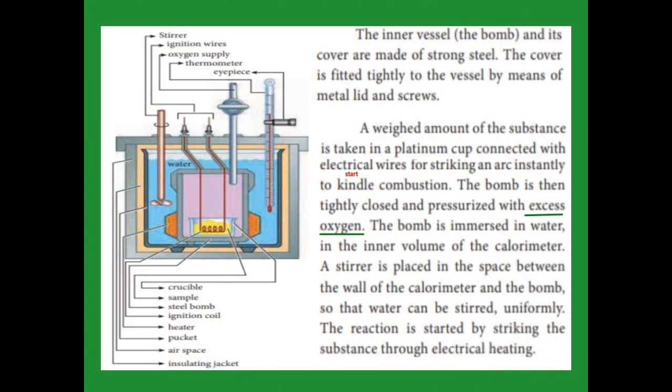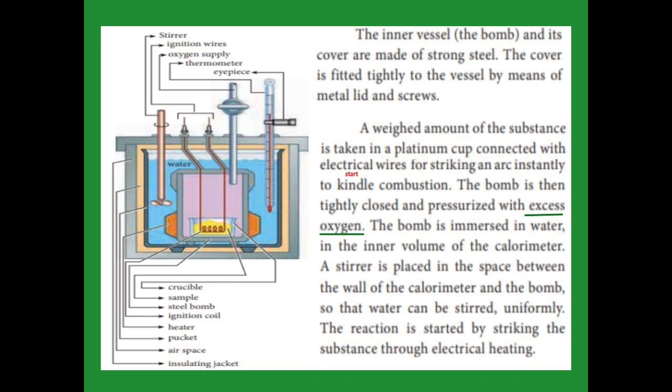See the diagram, it is the bomb calorimeter. Outside, the grey colour box is the wooden box. Inside the wooden box, one big container is there. That container contains water. In that container one stirrer is placed, and the temperature is measured with the help of a thermometer.